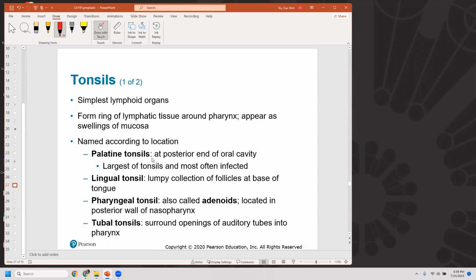Okay. Your palatine tonsils are on the surface of your roof. Your lingual tonsils are at the base of your tongue. Okay. So these are the three main tonsils. And then in addition to that, you do have a tubal tonsil that is at the opening of your auditory tube. So your ear. Okay.